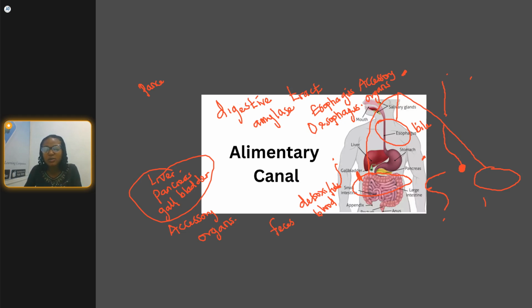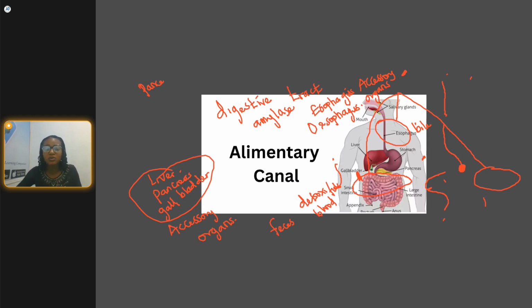The gallbladder stores the bile and then it releases it into the small intestine, which helps in fat digestion. So that is the function of the gallbladder. It stores the bile and releases it into the small intestine.